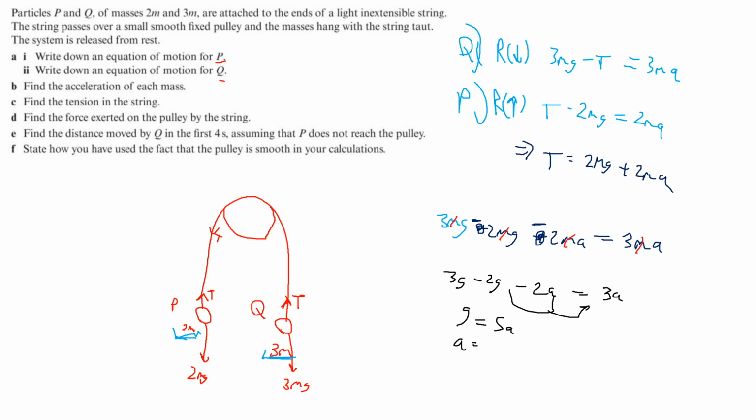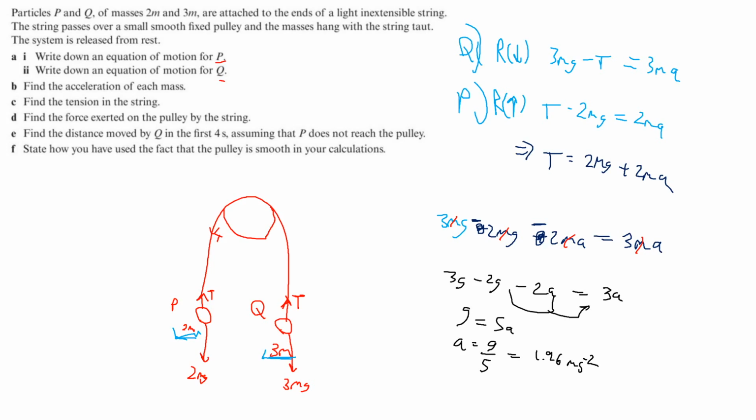And so a is equal to g over 5. If you want to put that in your calculator, you can just get it as 1.96 meters per second squared.